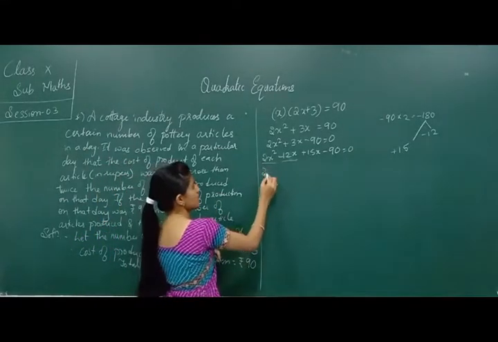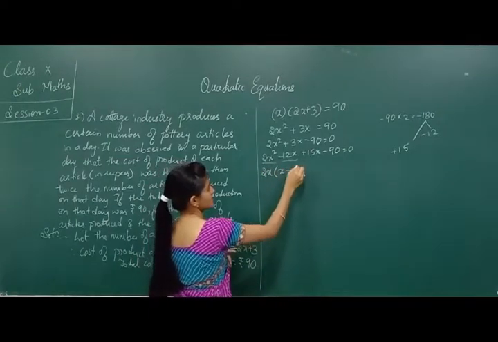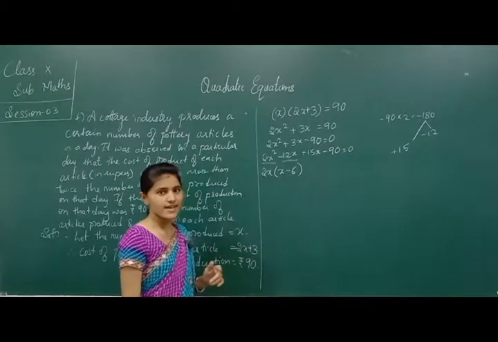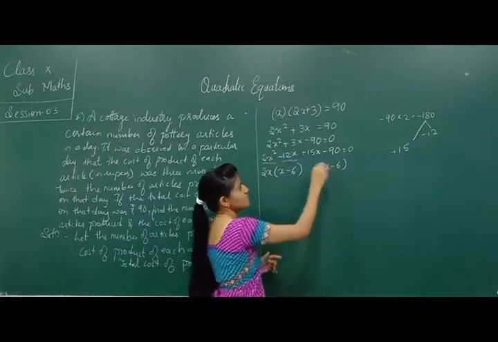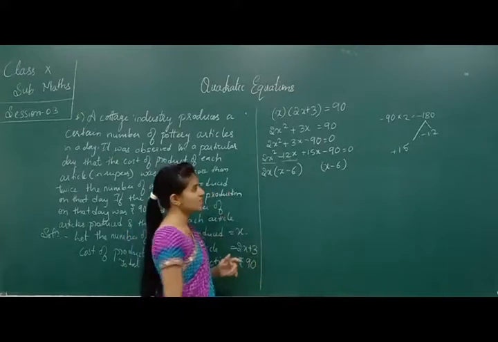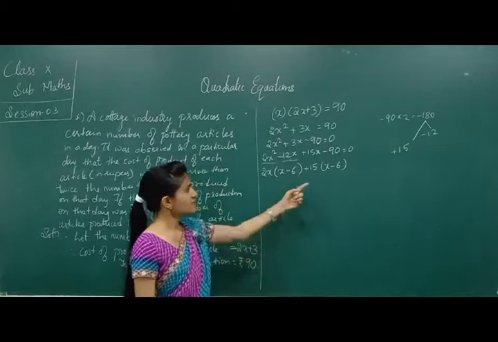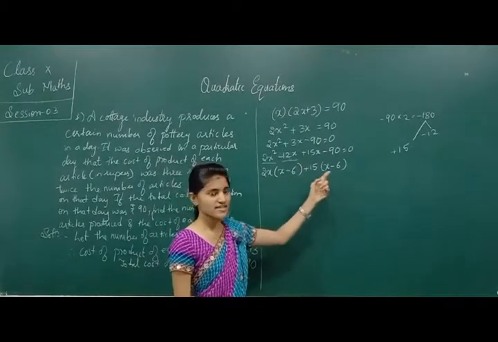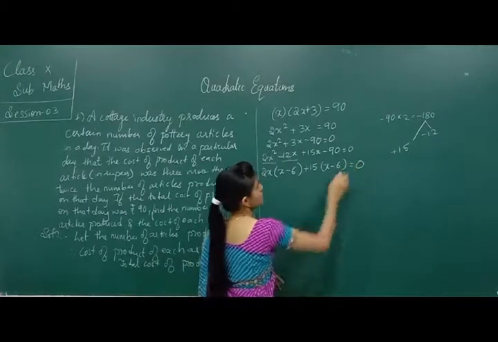If I take out 2x common, I am left with x minus 6. As I have said earlier, x minus 6 is the same. What am I supposed to write? I am supposed to write it as plus 15, that is 15 into x is 15x, plus into minus is minus, 15 6s are 90. This will be equal to 0.